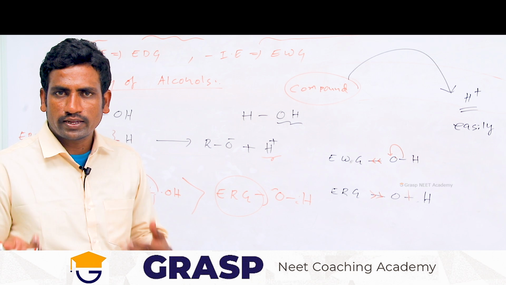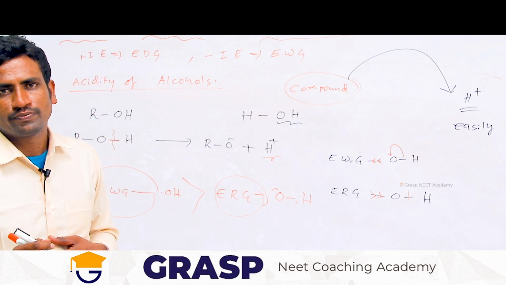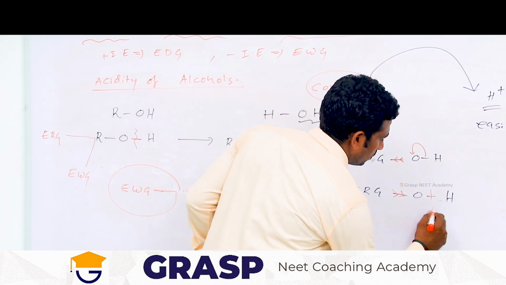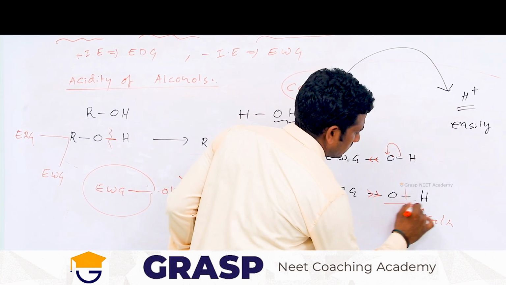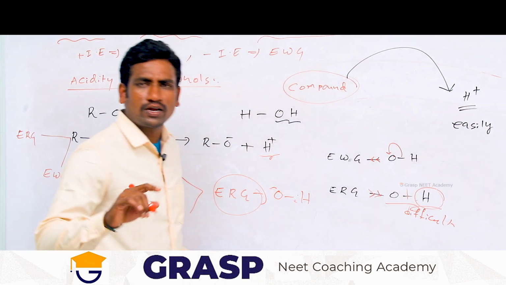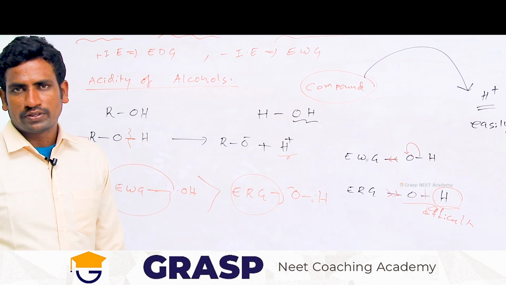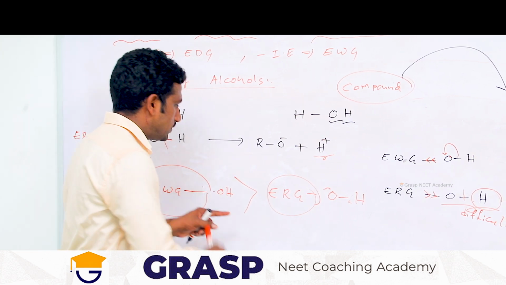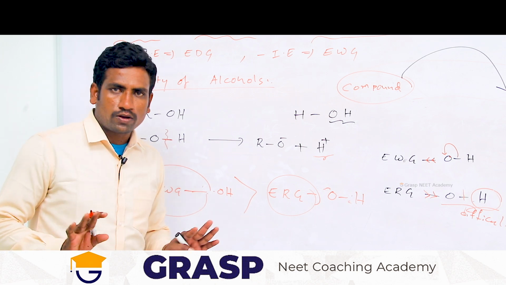Already oxygen is electron rich. So breaking of this bond is difficult. In such a case, H plus ion does not come out as easily compared to an electron withdrawing group alcohol. So that is why electron withdrawing OH groups are more acidic in nature than electron releasing group alcohols.